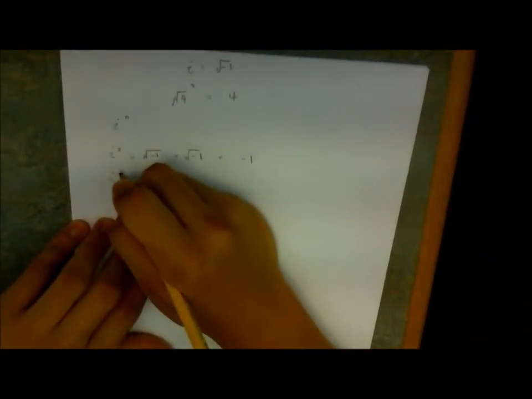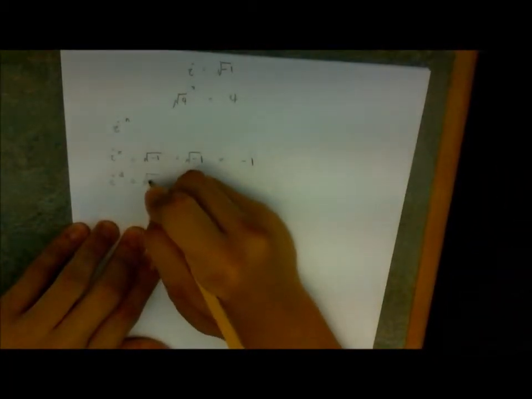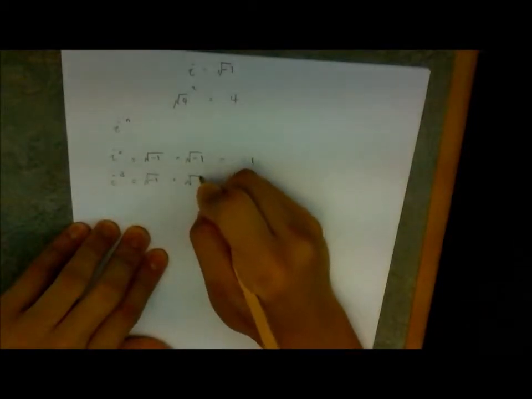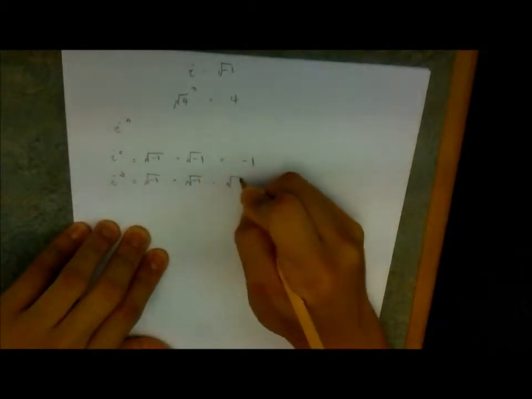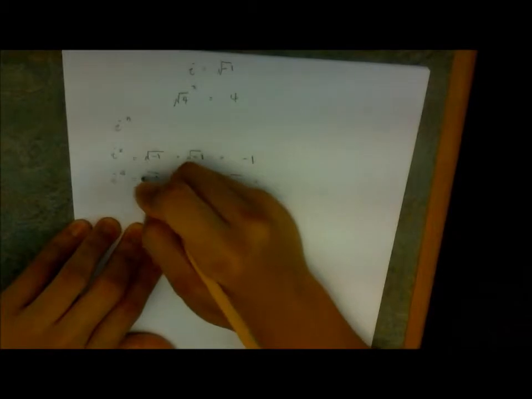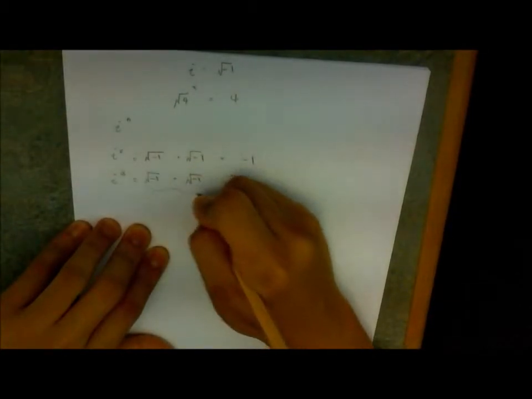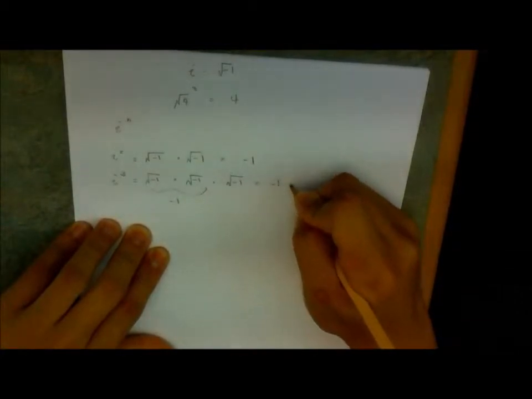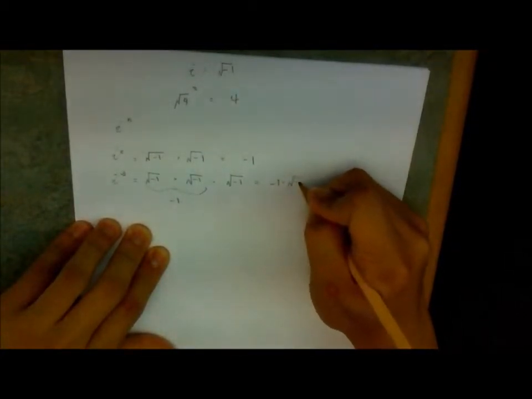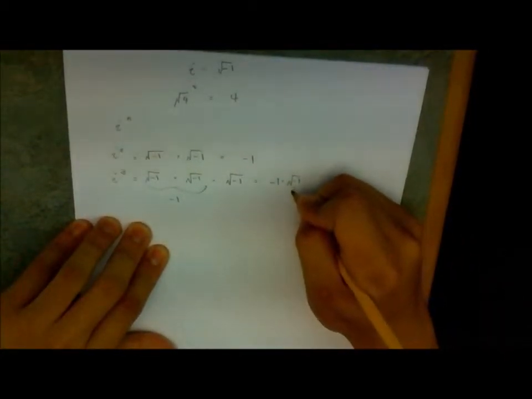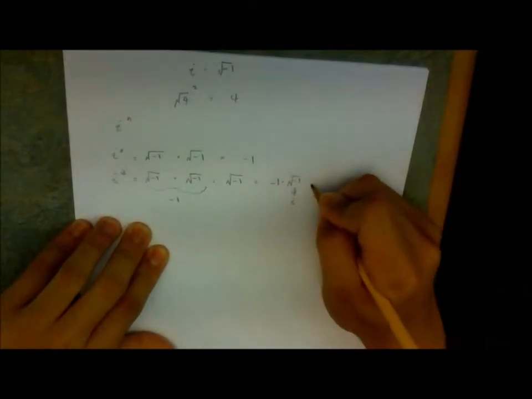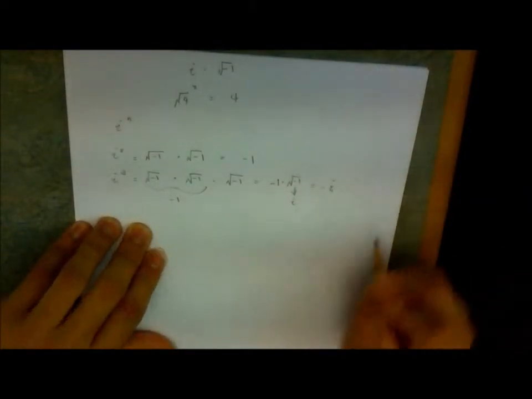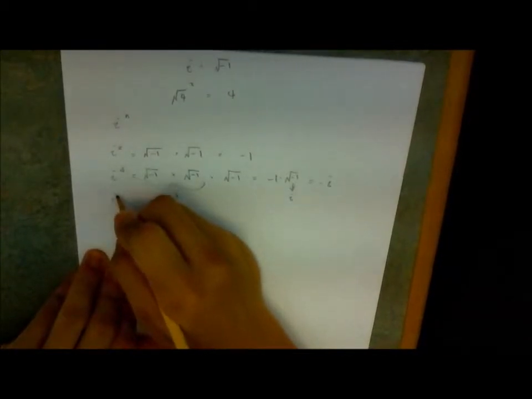And now we do i cubed instead. We do the square root of -1 times... we know this here is -1. That'll give us -1 times i. And now we consider i to the 4th.